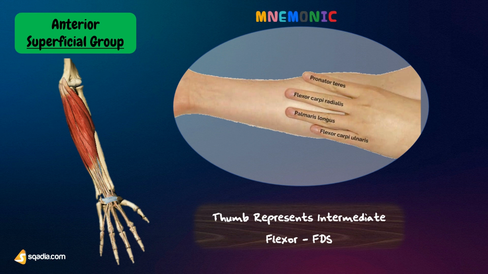The 4 fingers represent superficial flexors, while the thumb represents the intermediate or the middle flexor. Starting from the index finger count, pass, fail, and fail.